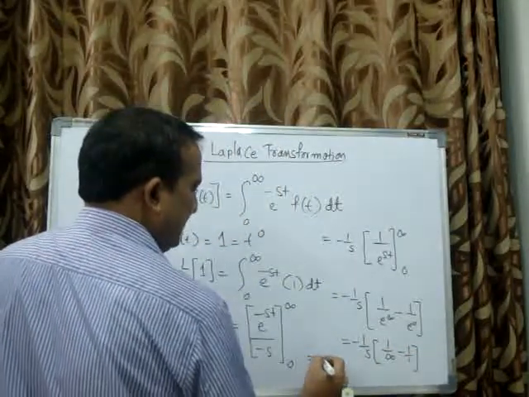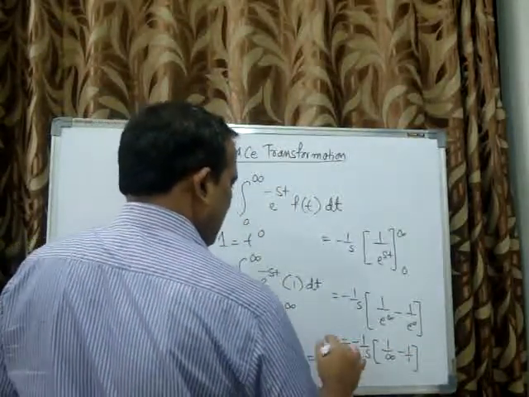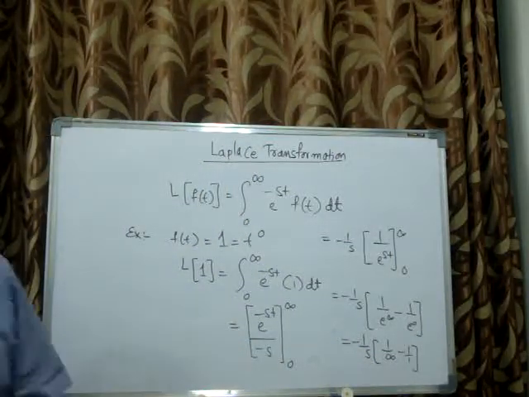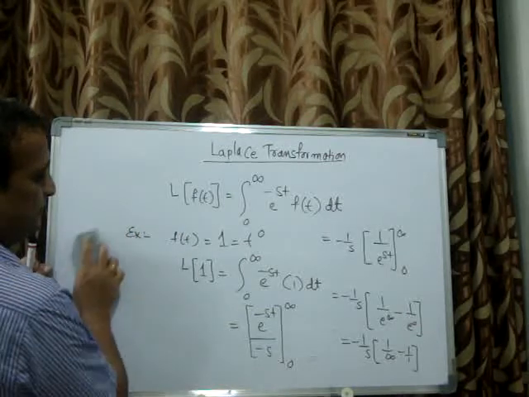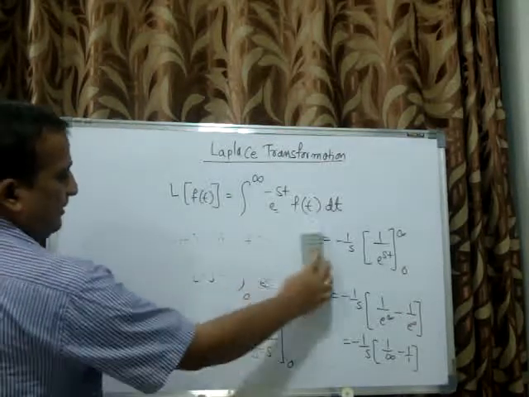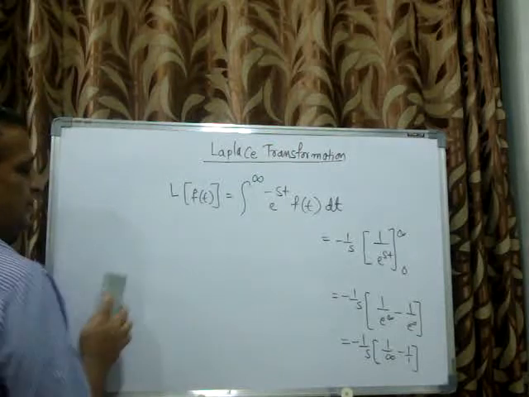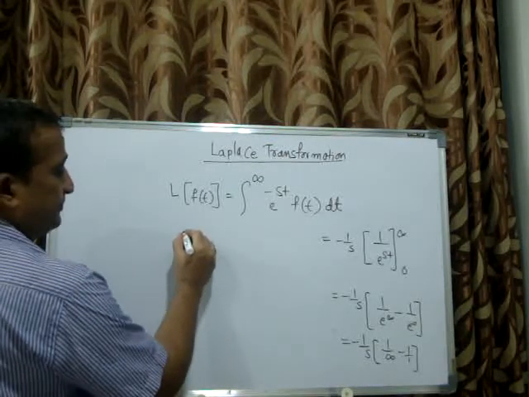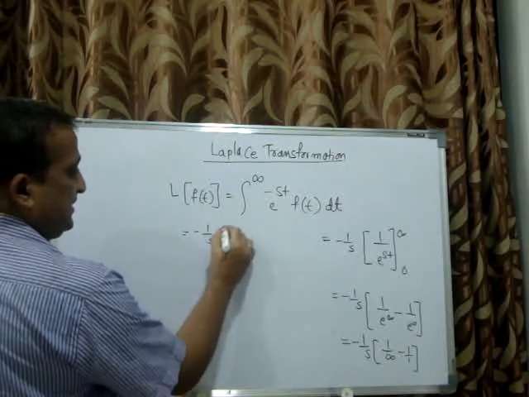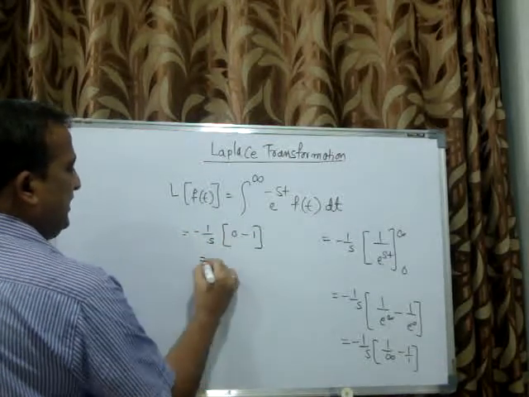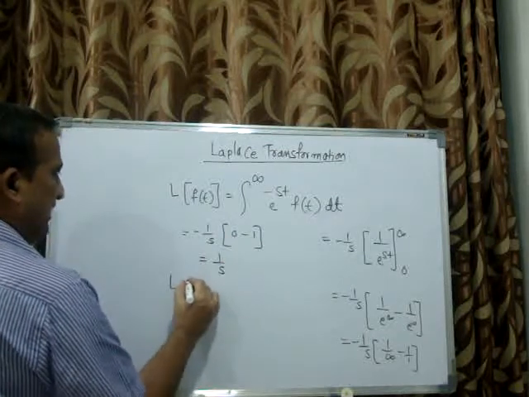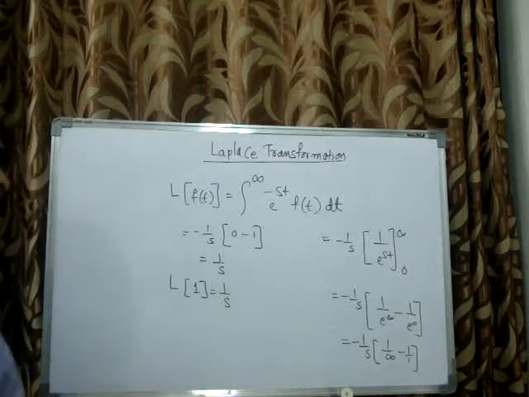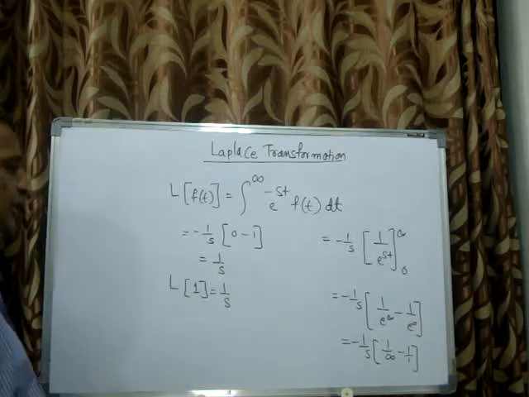So finally, minus 1 by s, 0 minus 1, that is 1 by s. Means Laplace of 1 is equal to 1 by s. So like this, we can find a Laplace of any time domain function into s domain.